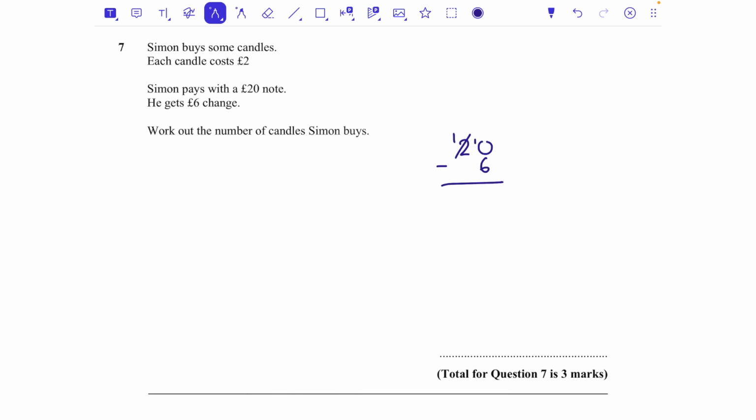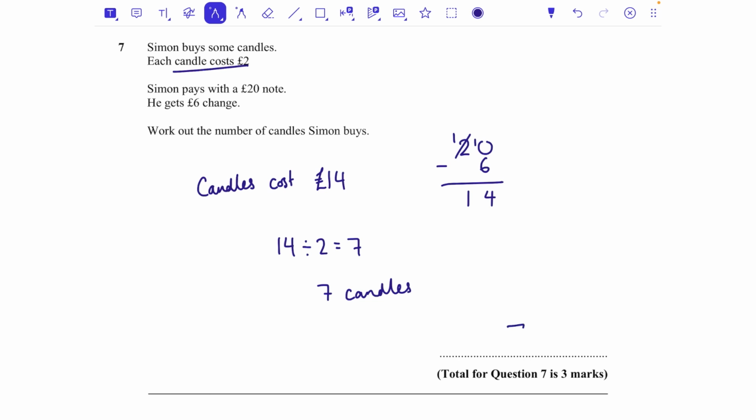If there's more on the floor, borrow from next door. 10 take 6 is 4 and 1 take 0 is 1. So the candles cost £14. That's how much he spent to have got the £6 change. Now we just need to know how many £2 make £14. So 14 divided by 2 is 7. So he must have bought 7 candles.